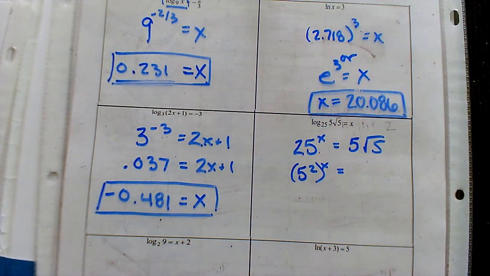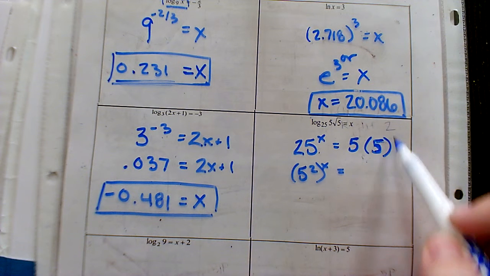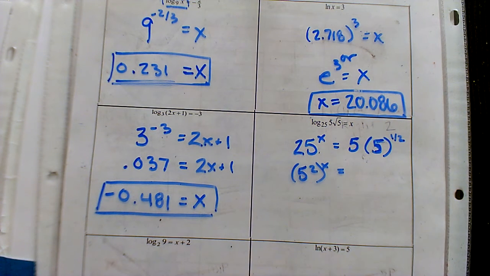Now the right side's a little trickier. How can you rewrite a square root as a power? A square root is the same as a power of, yeah, 1/2. Okay, so maybe instead of a square root there, you want to do 5 to the 1/2 power.